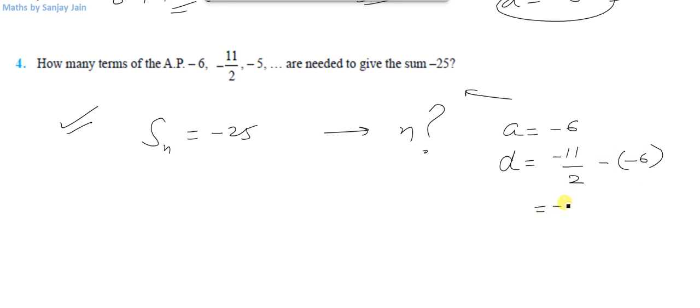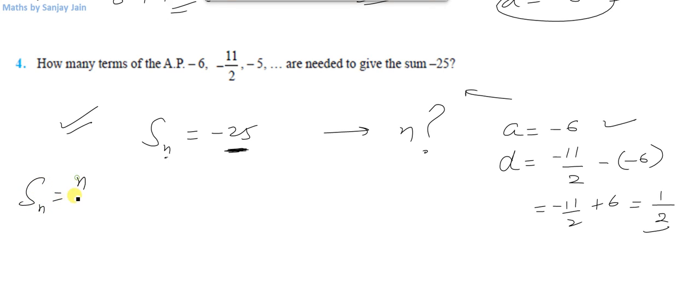So it is equal to minus 11 by 2 plus 6, which is equal to 12 minus 11, that is 1 by 2. This is the common difference. Okay, common difference you have got, first term you have got, and you need to find n here, where you know Sn, that is the sum of n terms. So let us proceed.